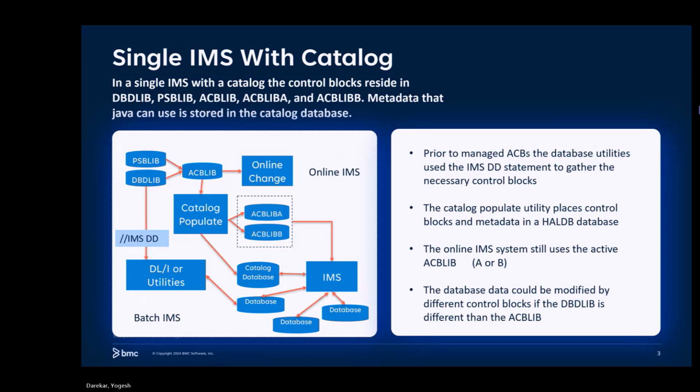But you would still be using the ACB lib for your databases. You would still use the IMS DD, and you would still have ACB lib determine whether you want that to be active, which is library A or B.